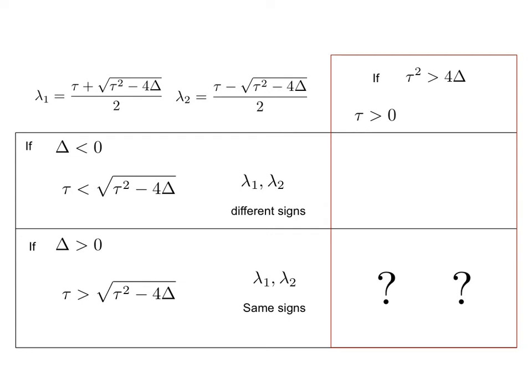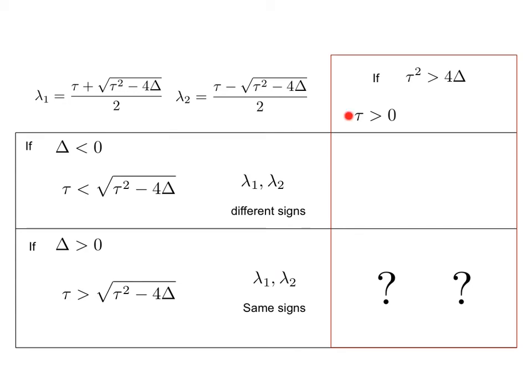As an observation, we are assuming this situation, which means this has to be a positive number, so the square root of it is real. It cannot be complex. So here we are analyzing lambdas that are real.